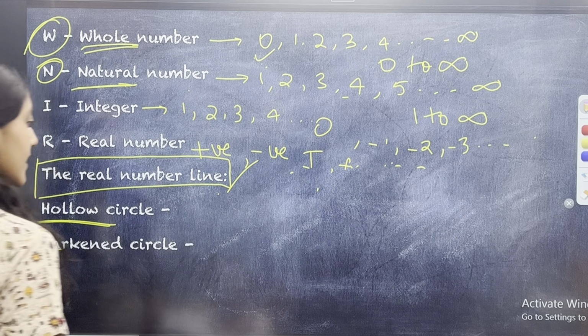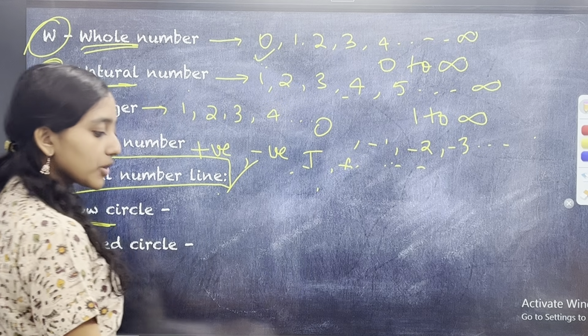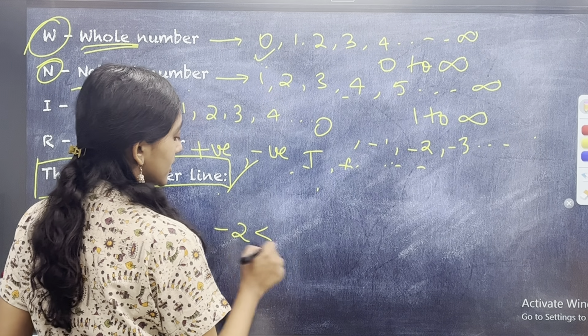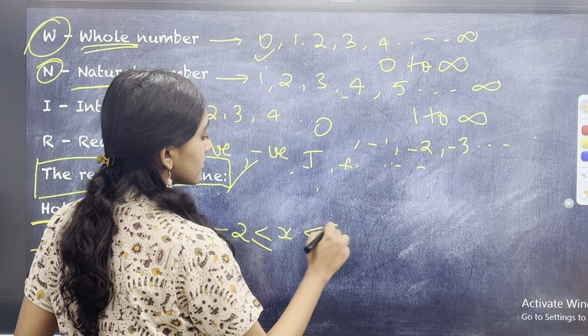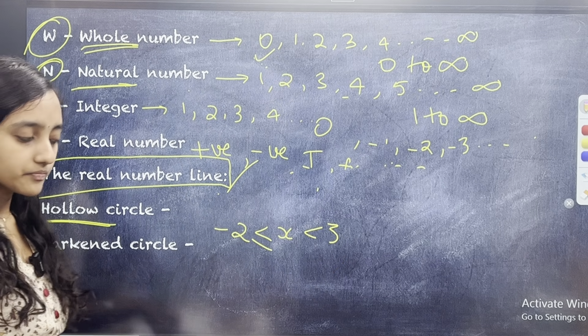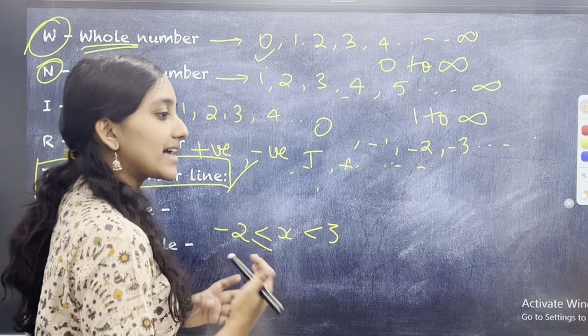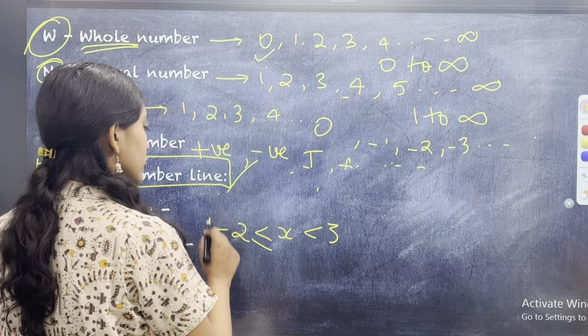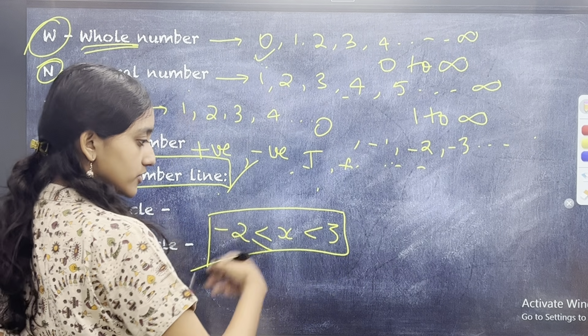Now, if I say that the answer we get is -2 is less than or equal to x is less than 3. How can you also represent it as x belongs to? You will of course draw the number line. Even if you just write this, it would be sufficient, and then you can draw the number line.